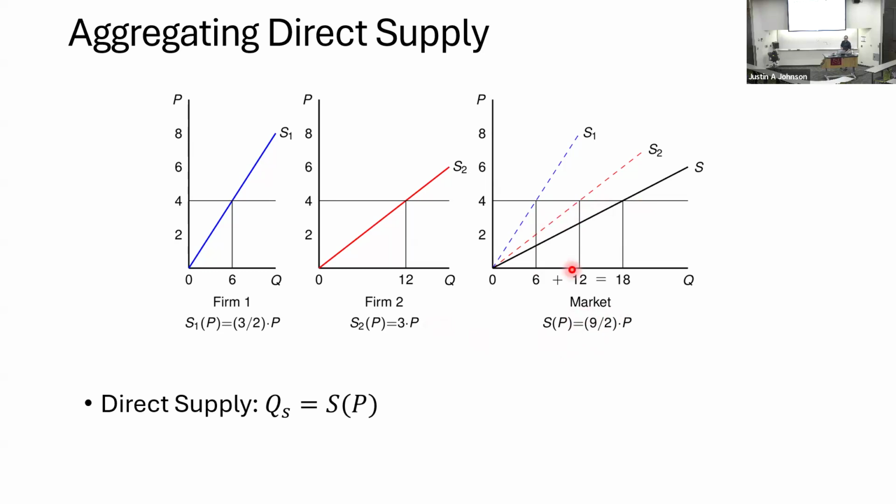QS is going to be equal to 9/2, or 4.5, I'll probably write in a moment, times P. And so that's going to be just a basic upward sloping one. So before we had the downward sloping one because of this negative slope on price. Here we have a positive slope on price. It doesn't have an intercept, but I could have added that without loss.